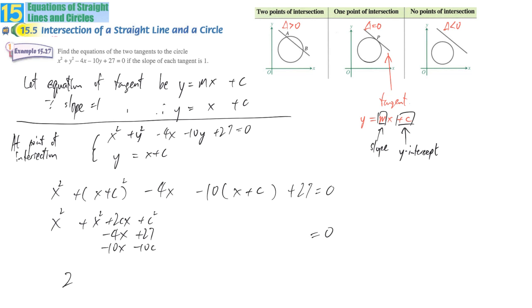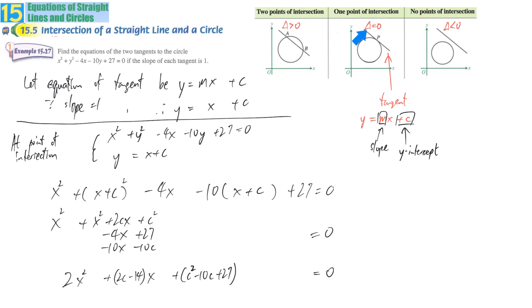That means we have 2x squared and we have (2c minus 14) times x. And then we have the constant, which is c squared minus 10c plus 27 equal to 0. We already separate the x squared term, x term, and constant term.